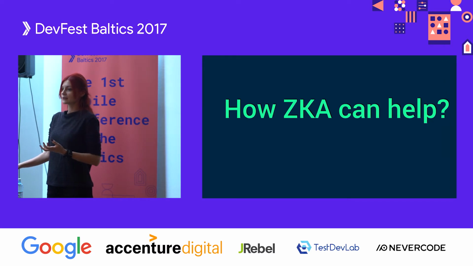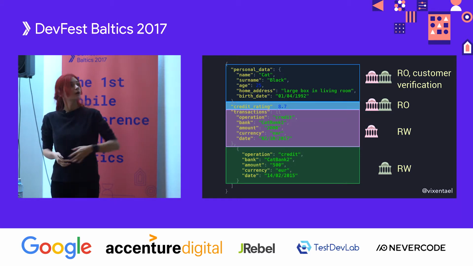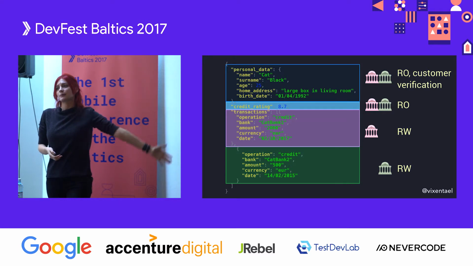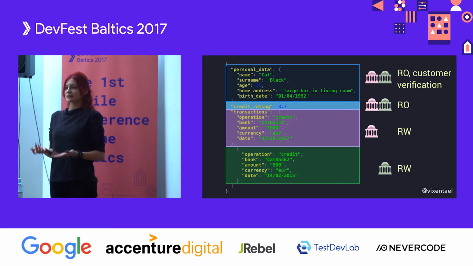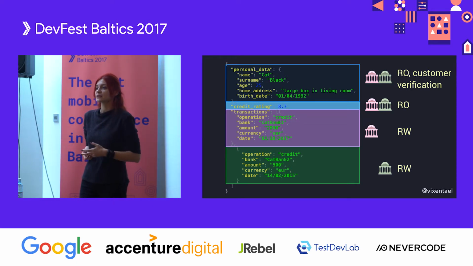How can we solve this kind of situation using ZKA? First of all, we can split our data into blocks. Basically, it's already split, but we can split the access to the data by blocks. Your personal information can be available read-only for the banks.